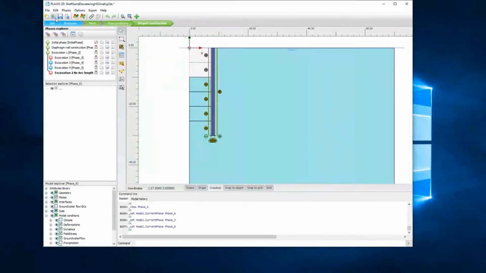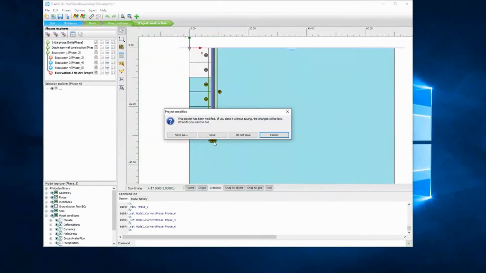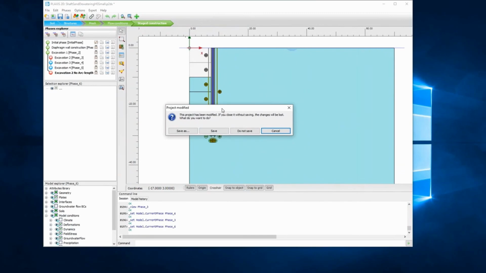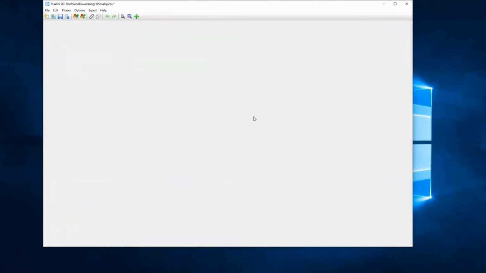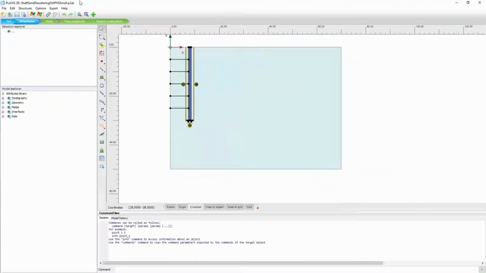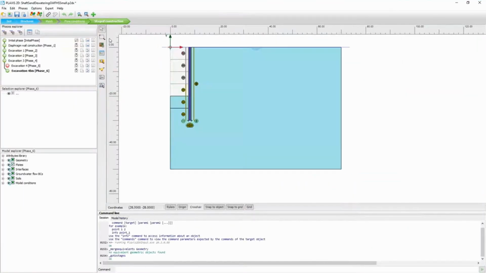The second case I have prepared now deals with dewatering. So I will not save that, and now I will start using dewatering, but with the groundwater flow, sorry. So this is exactly the same model, but now I am using different techniques.